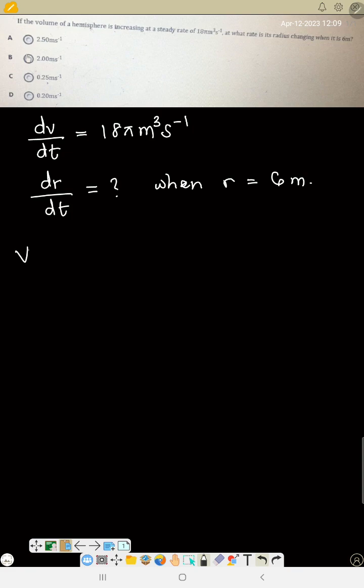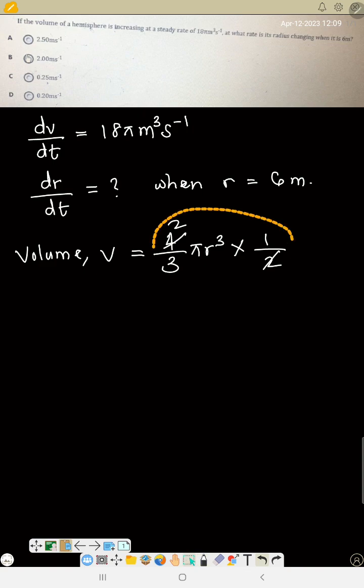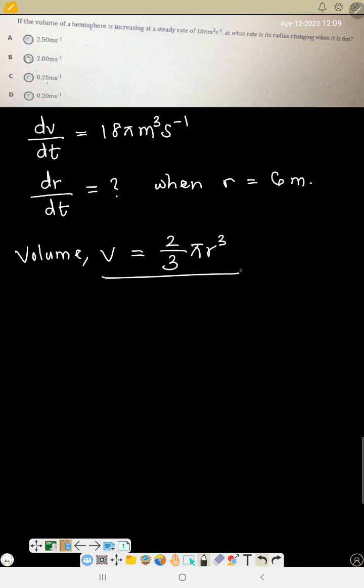First, what is the volume of a hemisphere? The volume of a sphere is 4/3 πr³, but for a hemisphere you divide it by 2, so half of a sphere, times 1/2. So the volume of the hemisphere is 2/3 πr³.